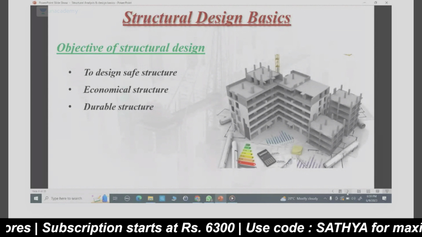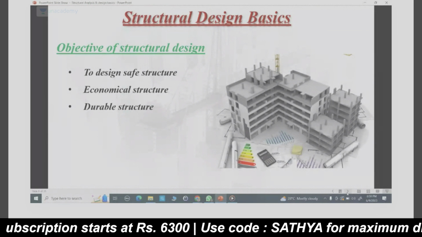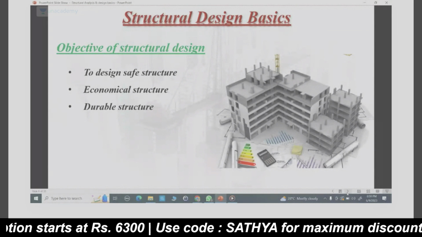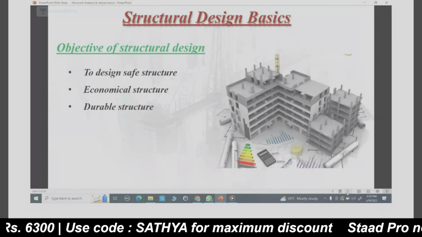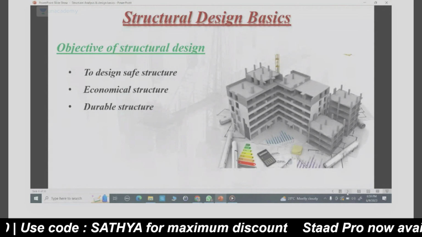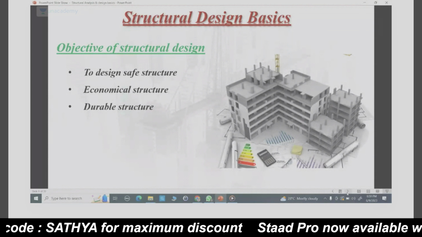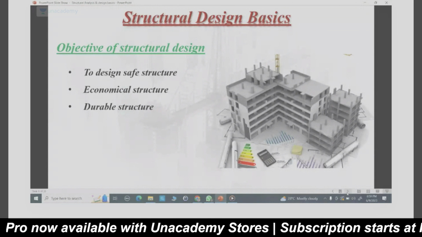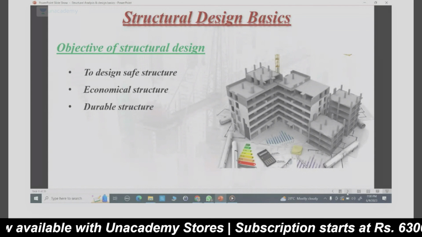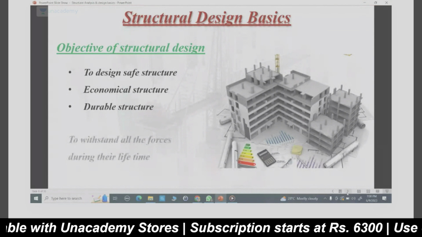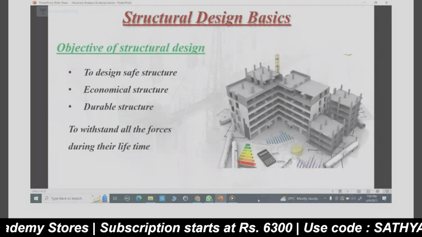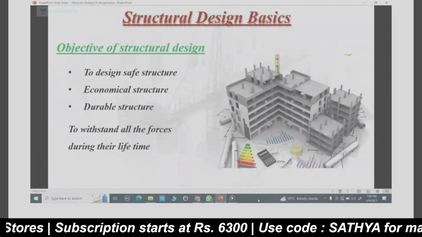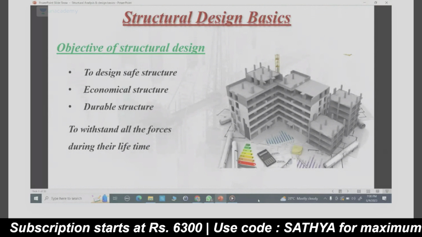The structure has to withstand the loads coming on it during its intended lifetime without any damage or collapse. So it has to withstand all the forces during its lifetime. This is the main objective of structural design.